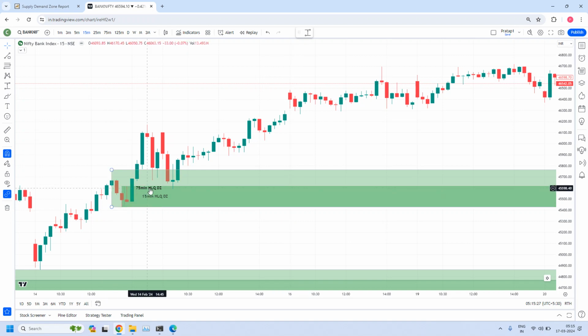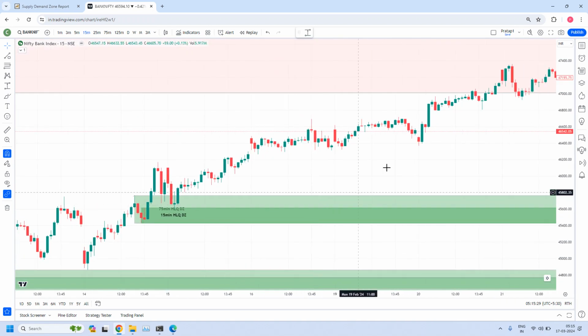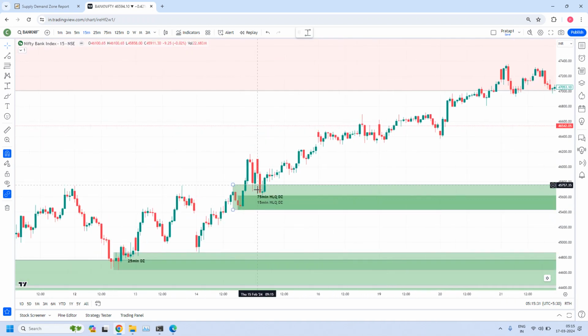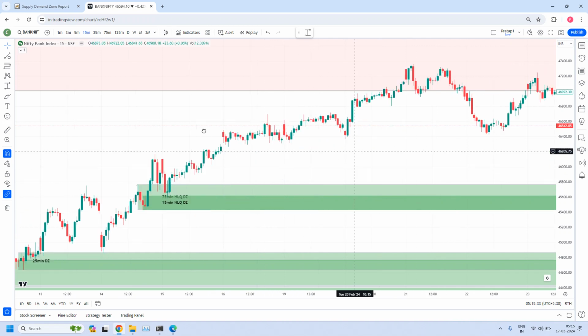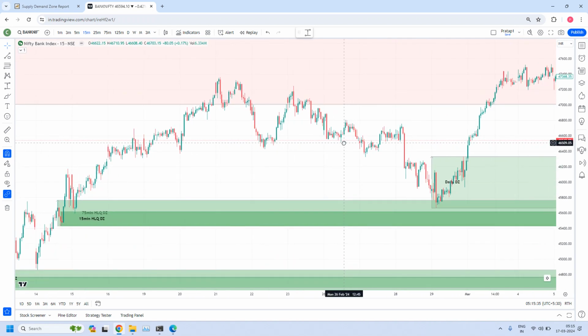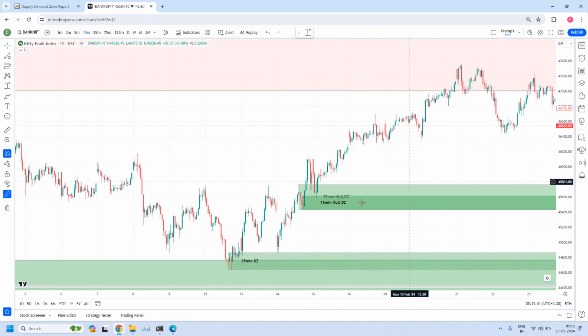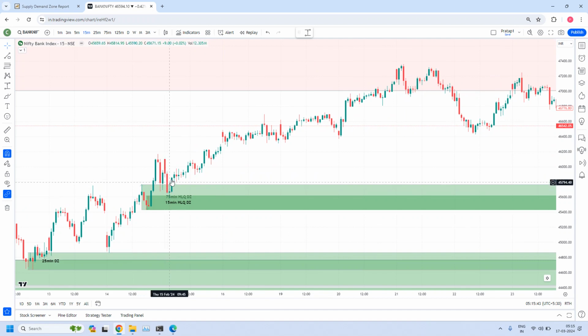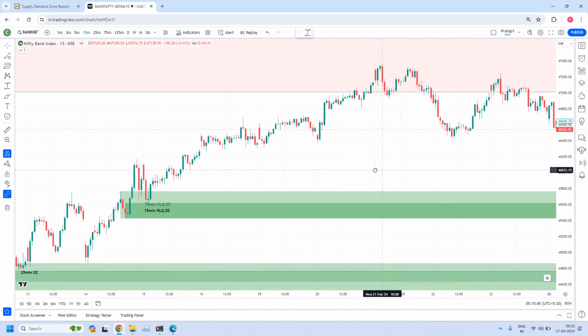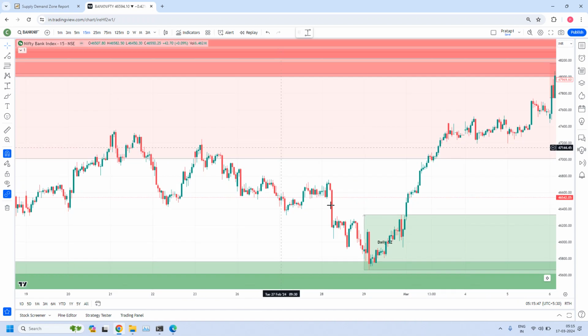This is inside the 75 minutes high liquidity demand zone, and orders were picked up earlier from this zone. Because drop base again rally was created, once again orders are picked up from there.